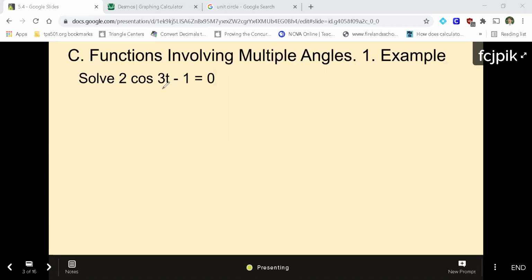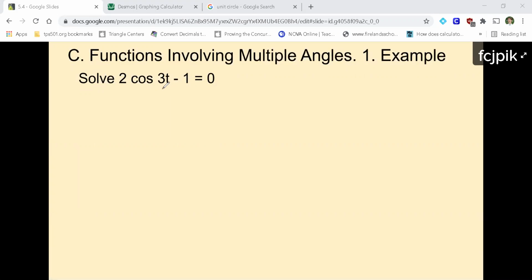So if I wanted to solve this for t, first thing I would do, add 1 to both sides. 2 cosine of 3t equals 1.